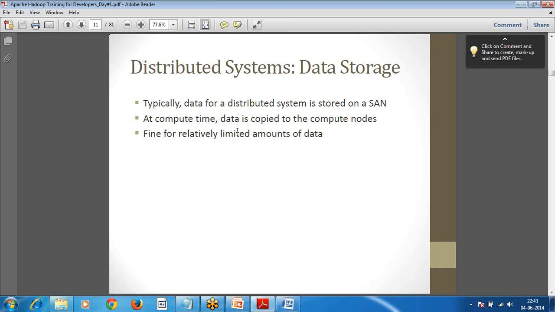It will work fine when you have data in terms of megabytes or gigabytes, but when you go ahead with terabytes, petabytes, and more, this will fail, as copying a 1 terabyte file to individual machines from a network storage itself will take a lot of time, and only after the data gets copied can you run your processing. So this is the second important aspect of distributed systems, which was data storage.